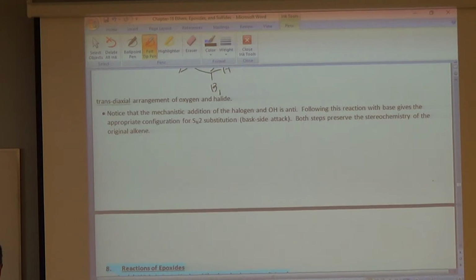I said before, I don't want you to draw the enantiomers for the product of the epoxide, but you need to draw those cis and trans isomers. Okay?